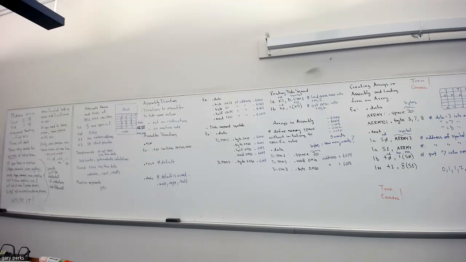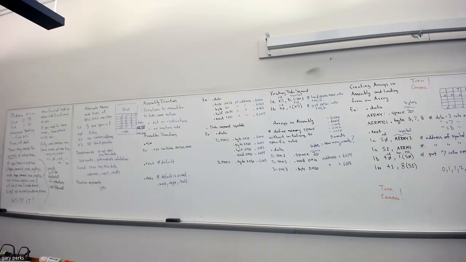Okay. So I'll get you started on how you put the data into the data segment, and then you've got to write the program to do what it's asking. Okay, so to put the array into the data segment, you would just start with the data directive.